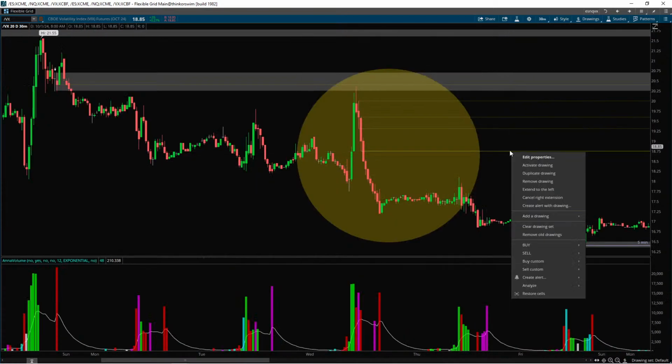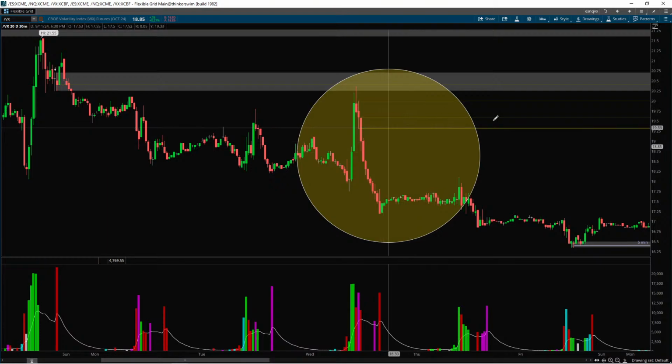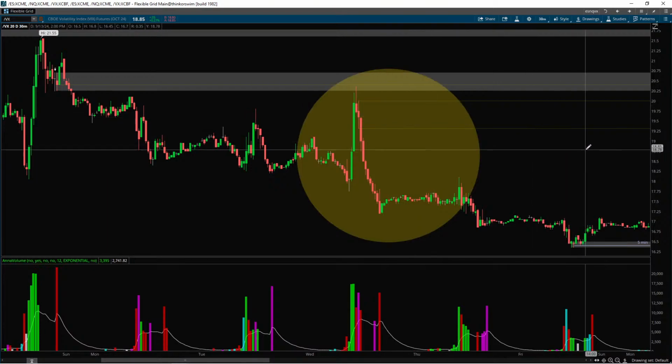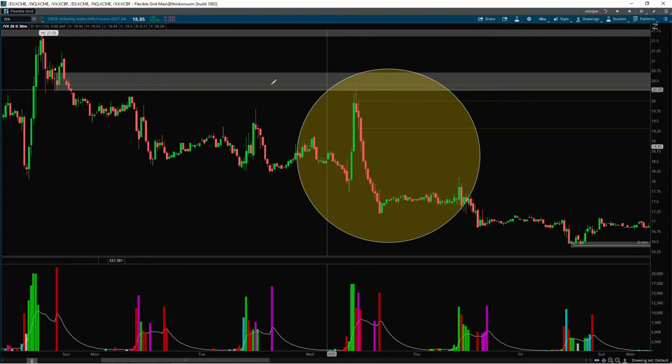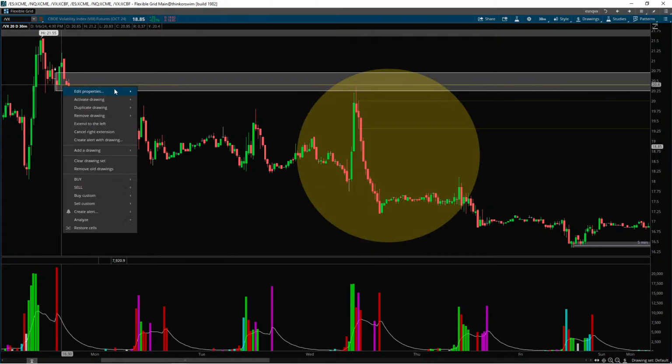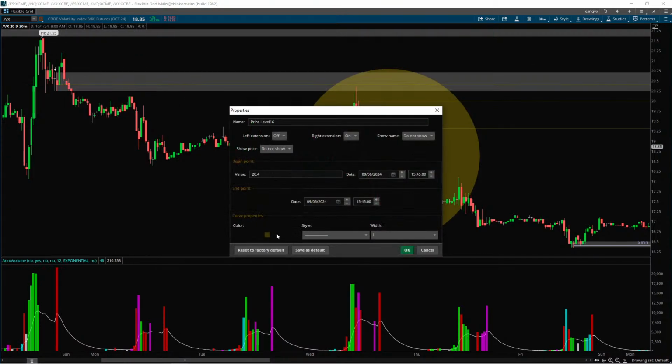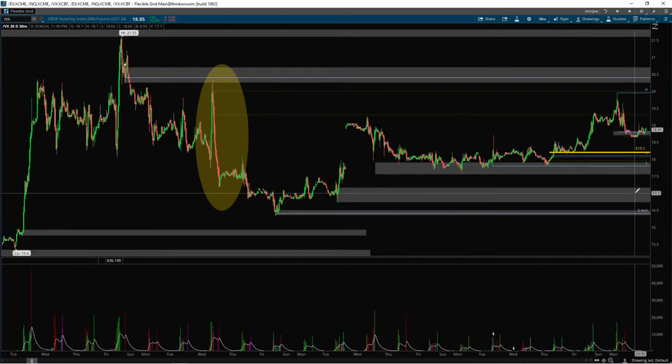Let's get rid of the first selling and let's look at how price is reacting around strong volume. This one, I'm just going to change it to this color. I believe if it's like that, I probably went to the 5-minute or a lower level. So price reacted to the strong volume.